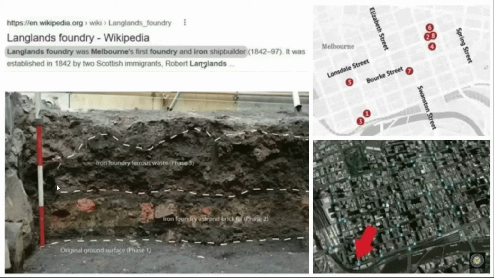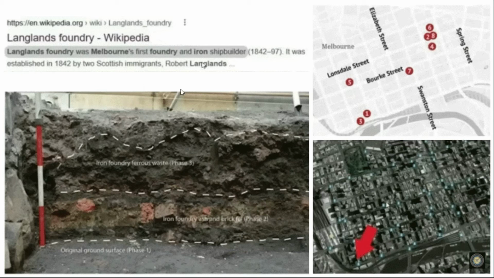But they also found traces of an iron foundry, Melbourne's first foundry and iron shipbuilder. It was called Langlands Foundry. But again, this early industrial history buried, just like those other examples with the railway turntables, this early industrial period buried during some event, in my opinion.